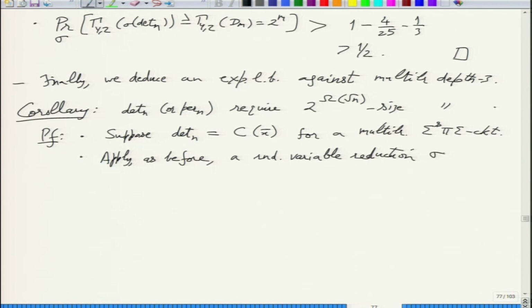Sigma both sides, so you will get sigma of determinant is sigma of C. This will bring down the variables from n square to around square root n, 2m. So this becomes 2m variate now.